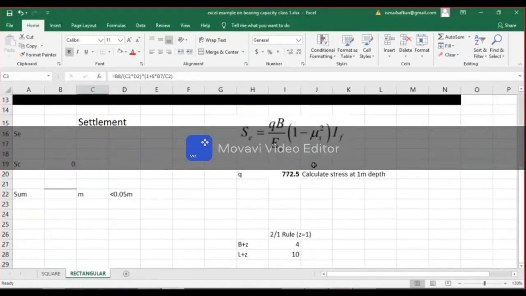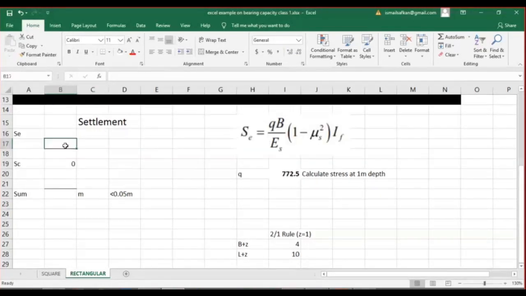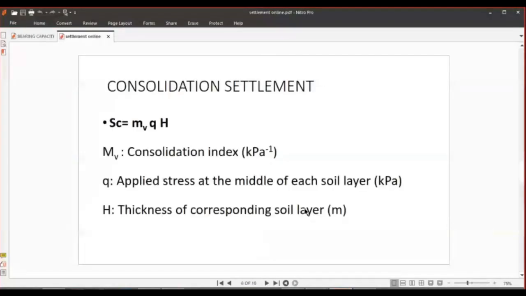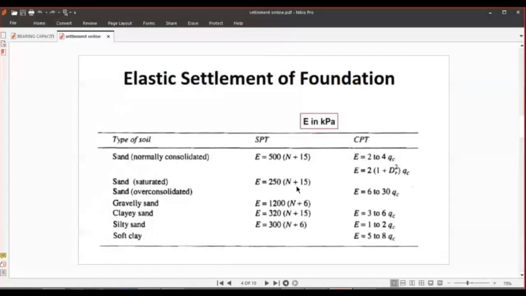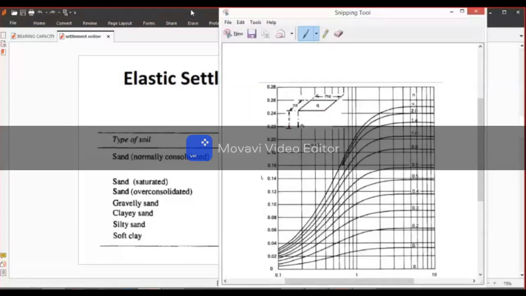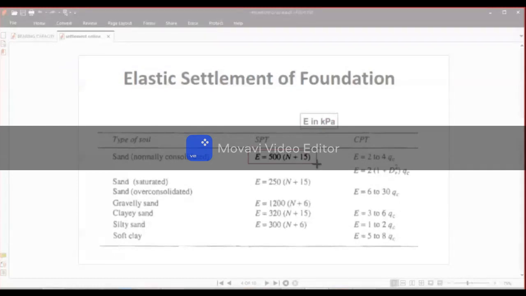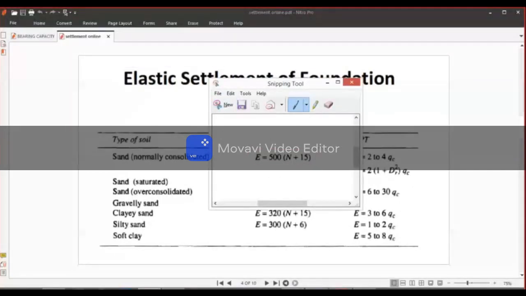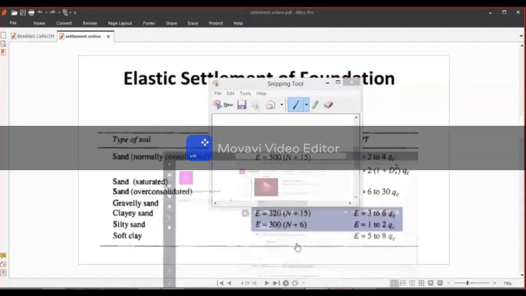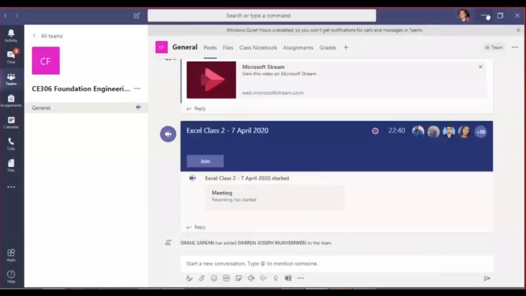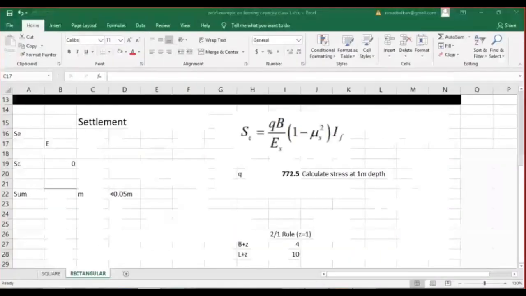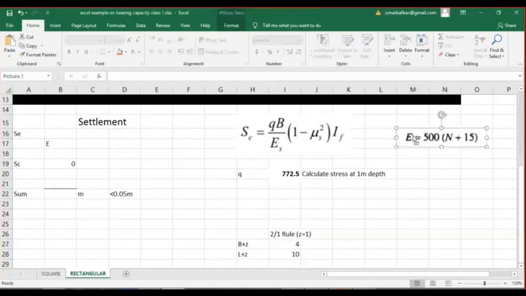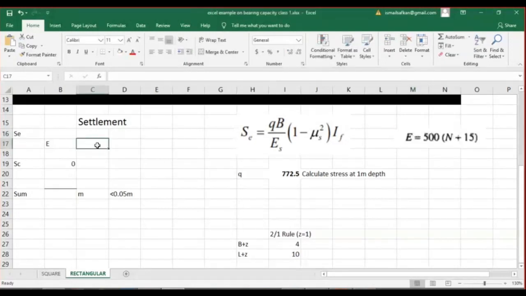The elastic modulus depends on our SPT. So I copy and paste here.